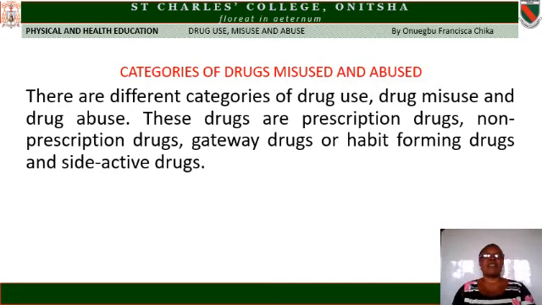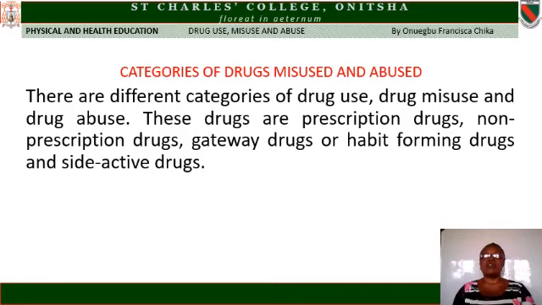Having seen the health implications of drug misuse and drug abuse, let's move into the categories of drug use, drug misuse, and drug abuse. We have different categories: prescribed drugs, non-prescription drugs, gateway drugs, or habit-forming drugs.